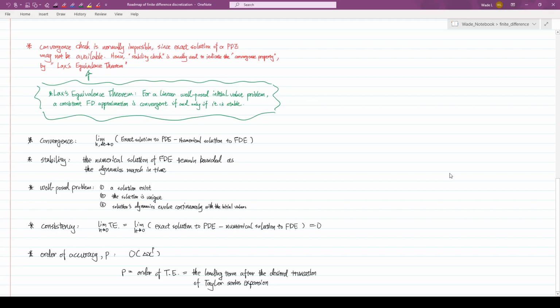In the concept of consistency, we need to make sure that the truncation errors resulting from the numerical discretization will also approach zero as we refine the mesh toward zero. Here, the truncation error is defined as the difference between the exact solution to the partial differential equation and the numerical solution to the finite difference equation.